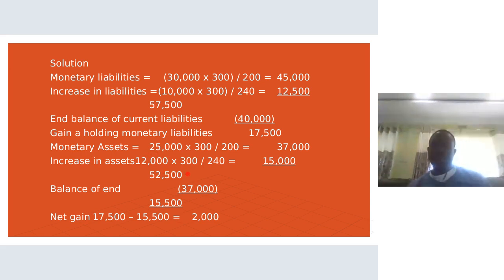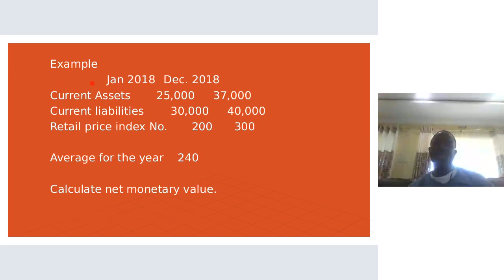Now, we have been given a value which is 37,000. So it means that now the monetary assets have increased from 25,000 to 37,000. Therefore, the difference there is 12,000.